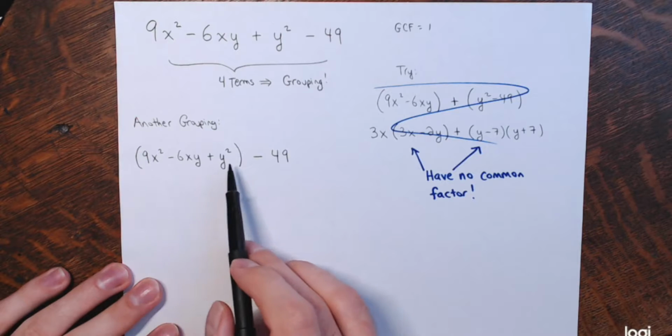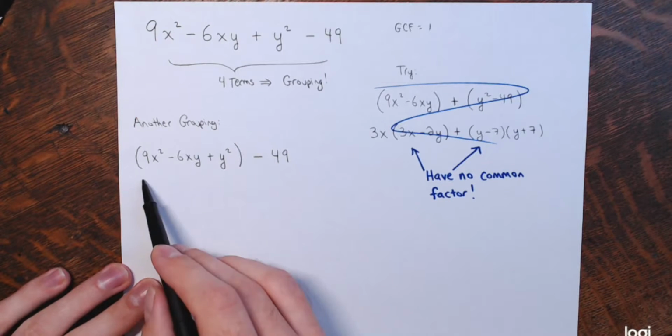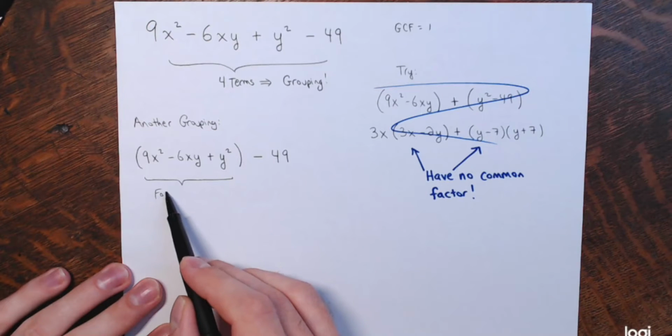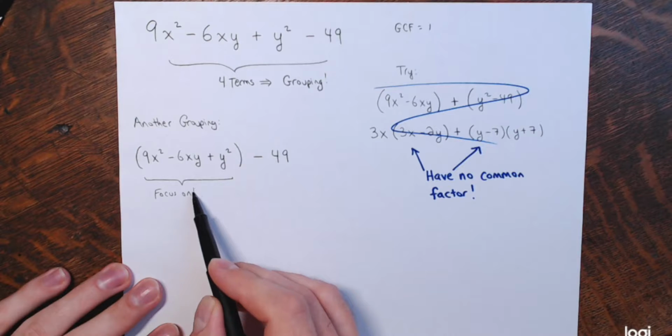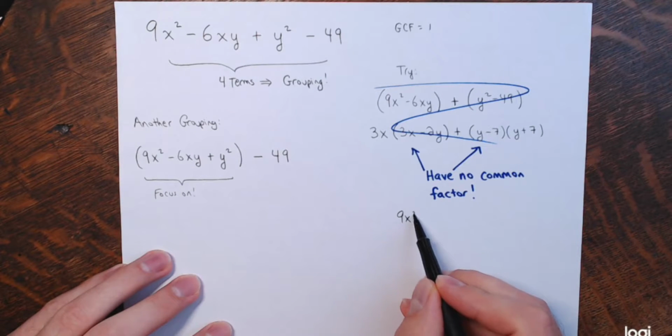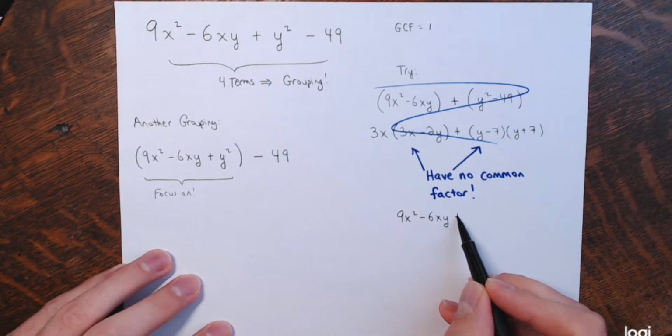So now we factor each group completely. 49 is 7 squared. Let's focus on this expression for now. I'll write it over here: 9x squared minus 6xy plus 1y squared.